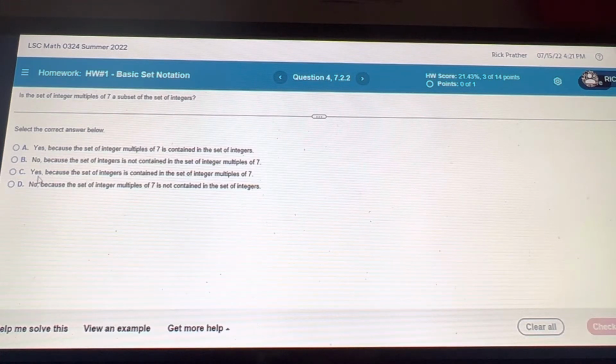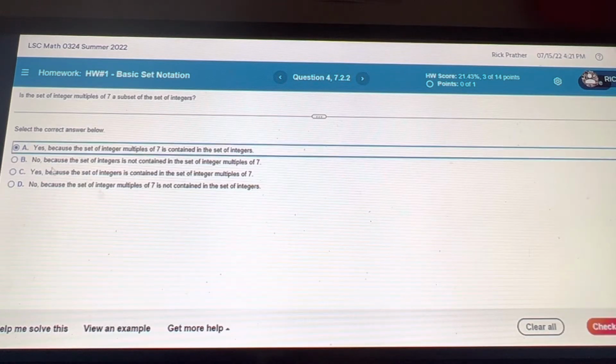A subset means they're a smaller part. The set of integer multiples of 7 is contained in the set of integers. That's the answer there, is that if you're completely contained inside of another group, then you are a subset of it. So the natural numbers 1, 2, 3, they're a subset of the whole numbers 0, 1, 2, 3, because every natural number is inside the whole numbers.